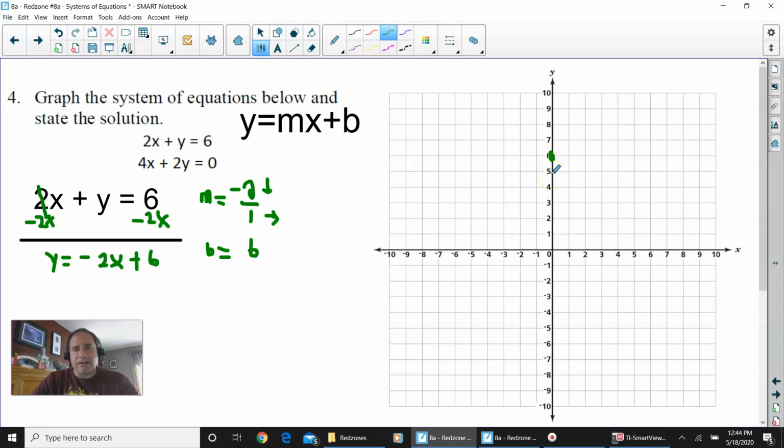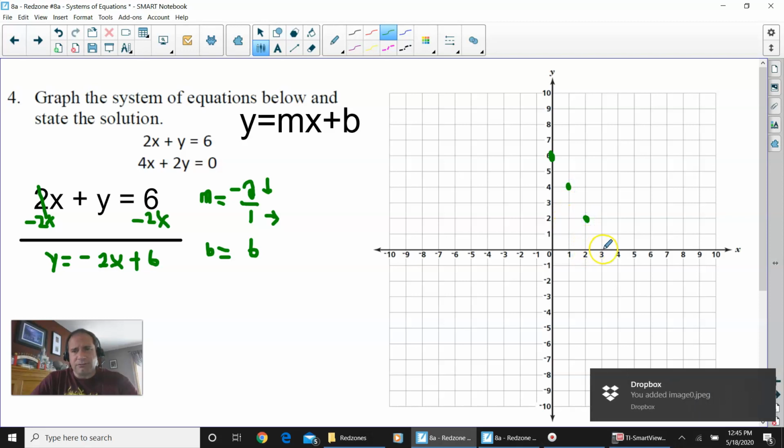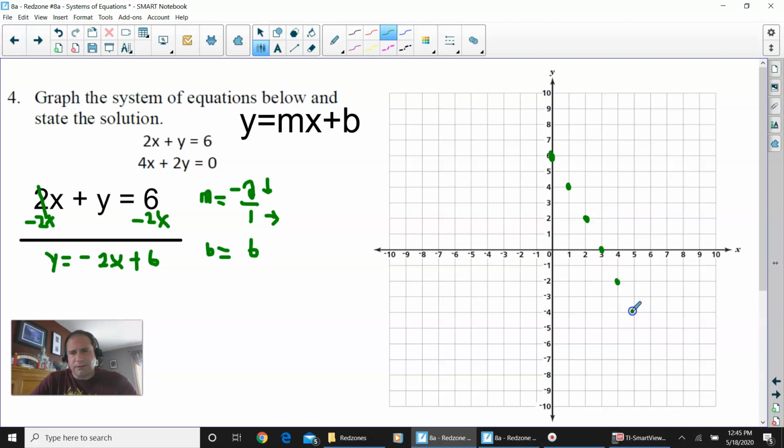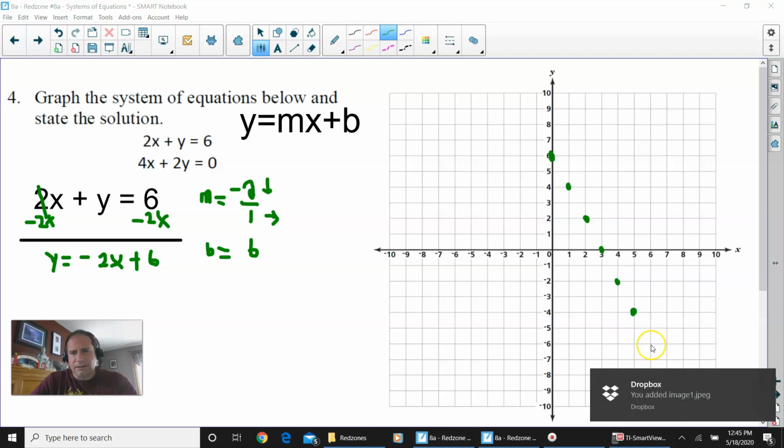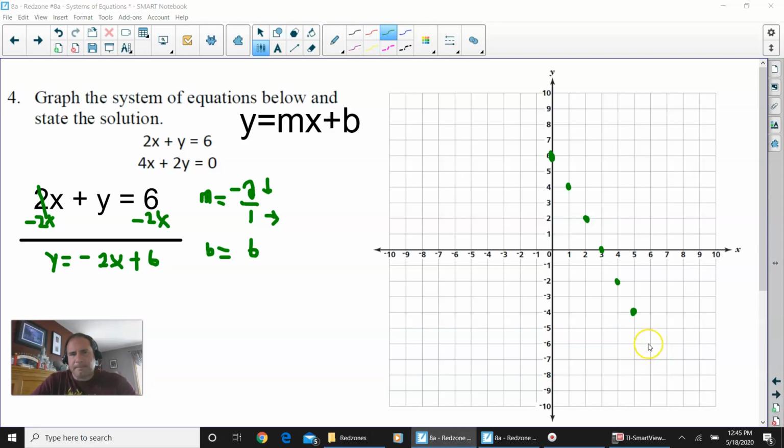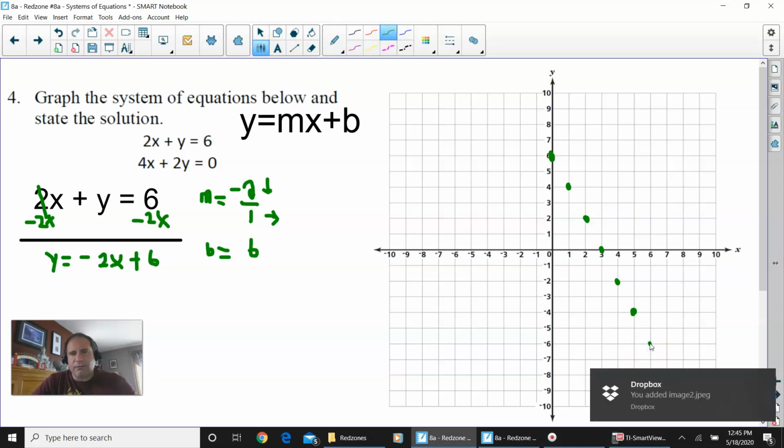I'm going to follow my arrows: down 2, to the right 1, down 2, to the right 1, and I'm going to keep on going until I run out of space.